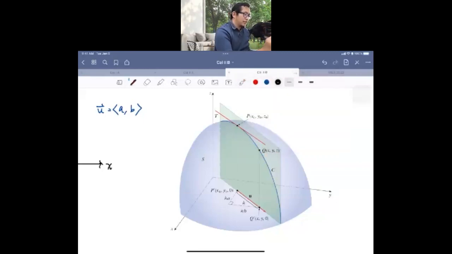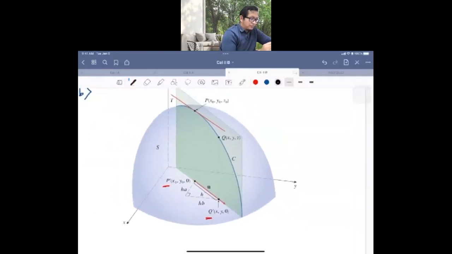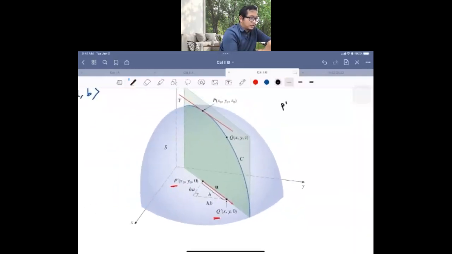Now, if P prime and Q prime are the projections of P and Q, then the vector from P prime to Q prime is equal to some scalar multiplied with the vector u, that is, ha and hb, where h is a scalar number.